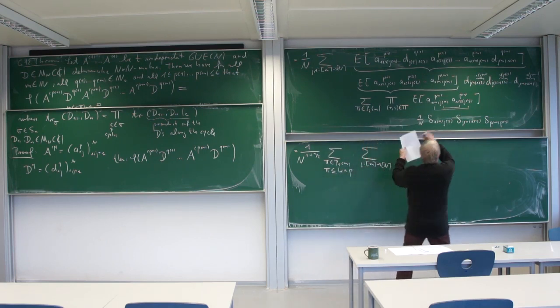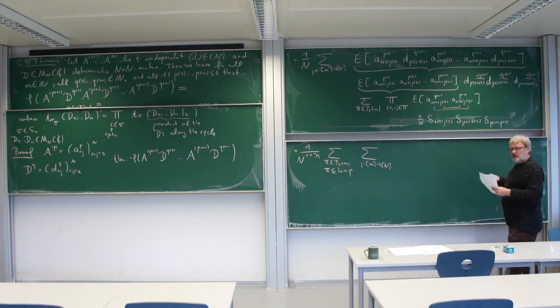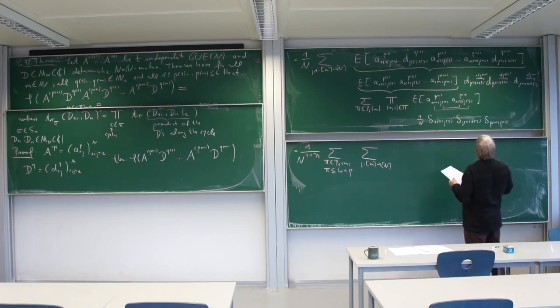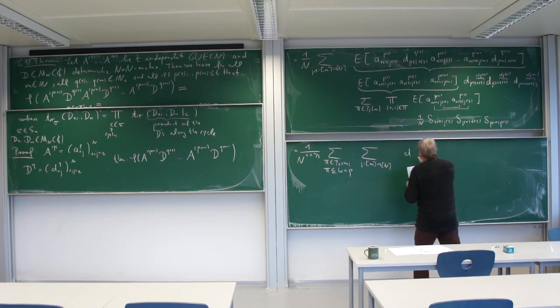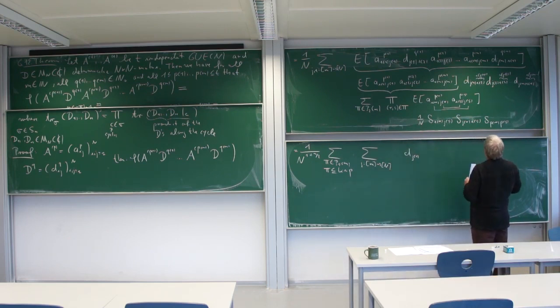And then I'm just left with the product of the D's, but now I have to plug in the right indices. Okay, so I have D, J1, okay, J1 is still J1, but the I now is replaced by a J. So the I of something is actually the J of my pi applied to this something.